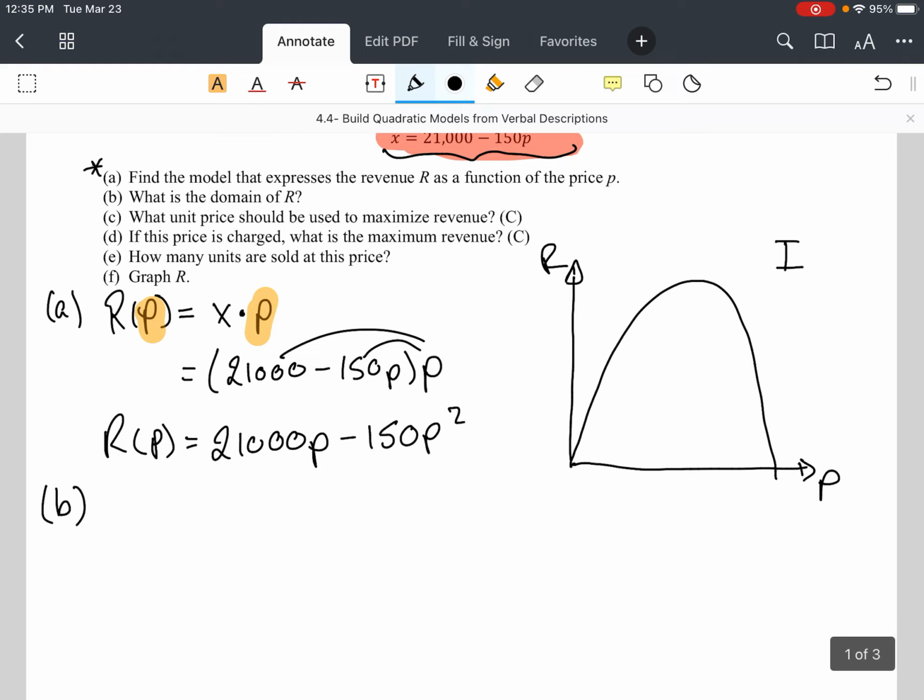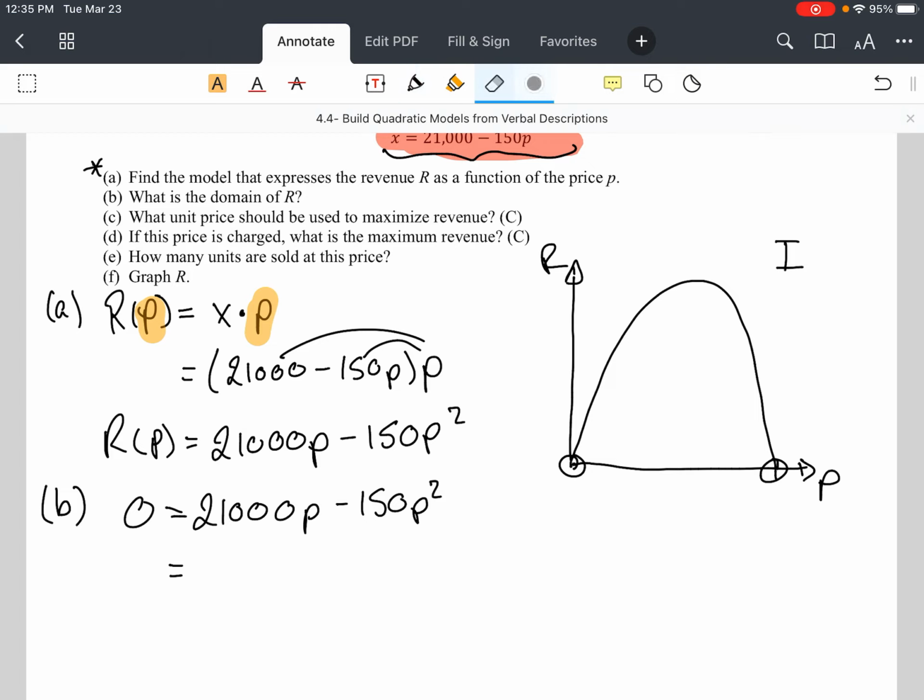Okay, one way that we can find our domain is by simply finding the x-intercepts. And we can do that by saying 0 is equal to the function that we came up with, so 21,000p minus 150p squared. We can factor this, right?